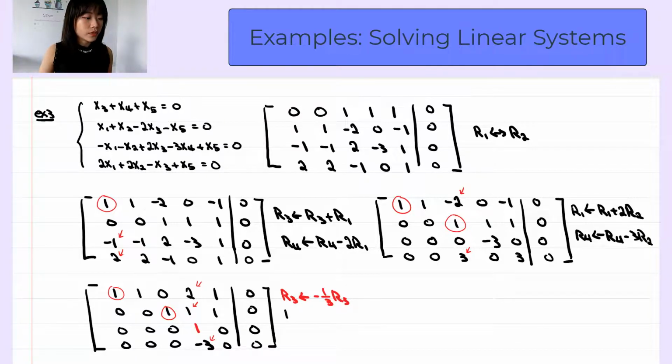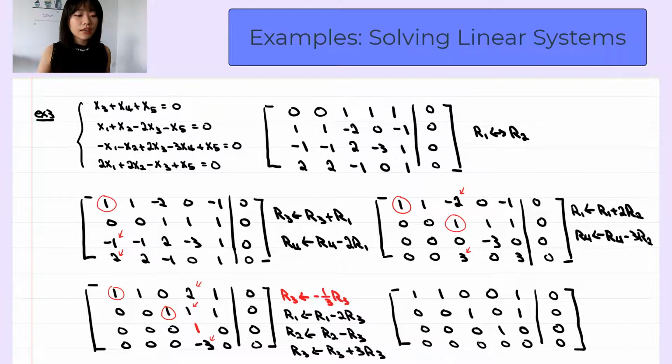Then I can do row 1 becomes row 1 minus 2 times row 3. Row 2 becomes row 2 minus row 3. And row 4 becomes row 4 plus 3 times row 3. So now the matrix is in reduced row echelon form, and we have 3 pivots.